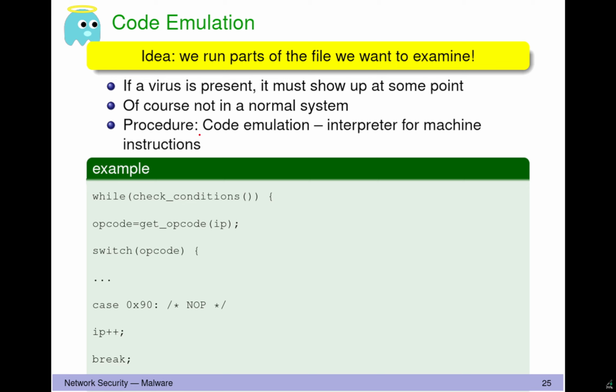So we emulate it, we just run it, but in this controlled environment. And every time we see something misbehaving, we assign some kind of maliciousness score to it that can at one point exceed the regular range.